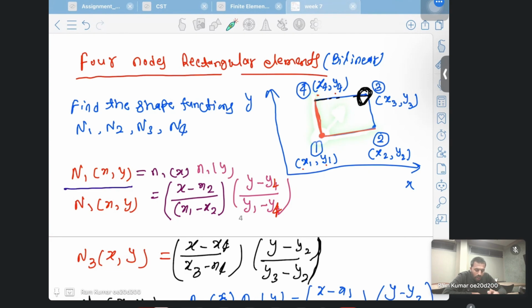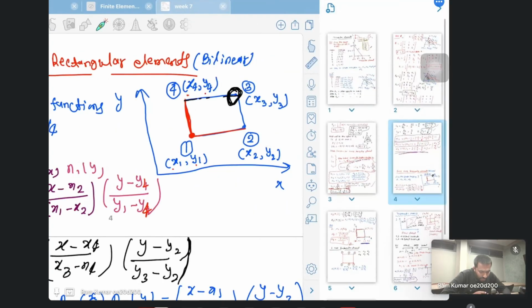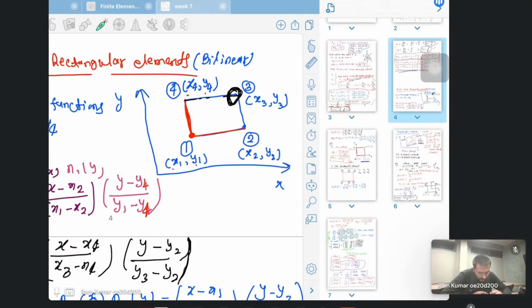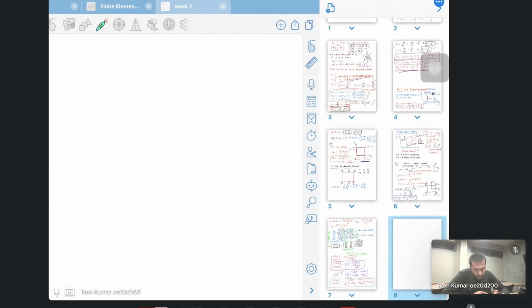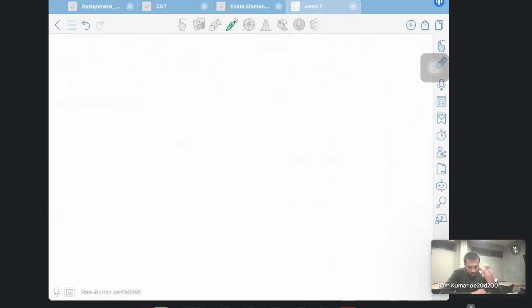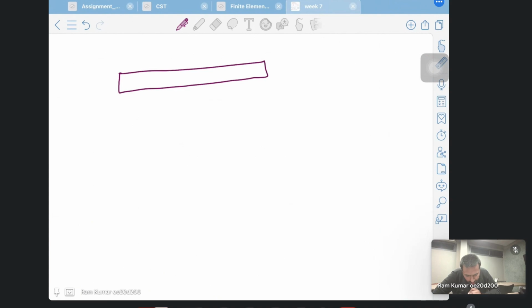So first I will tell you how to find the shape function in one direction. For example, I will add one page here. This is one of our elements, with element length LE, x1, x2.